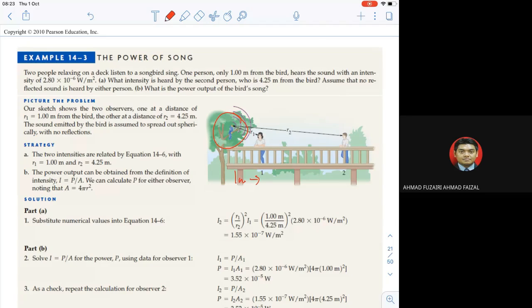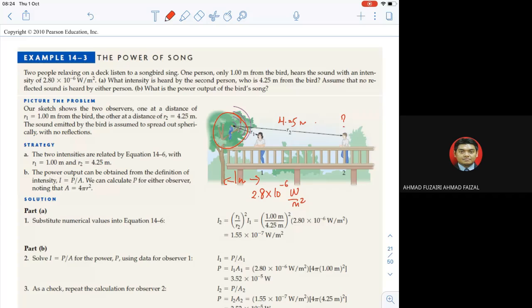The distance between the bird and the first person is 1 meter, and the sound has an intensity of 2.8 times 10 to the power of -6 watt per meter squared. What intensity is heard by the second person, who is 4.25 meters away, slightly behind person number one? What intensity can person number two hear?